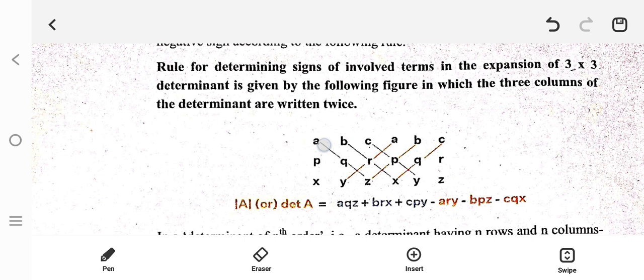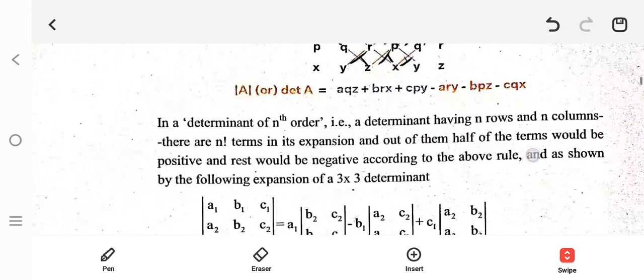Take the terms from left to right, multiply them and add them: AQZ plus BRX plus CPY. Then from right to left, multiply the terms and subtract: minus ARY minus BPZ minus CQX.